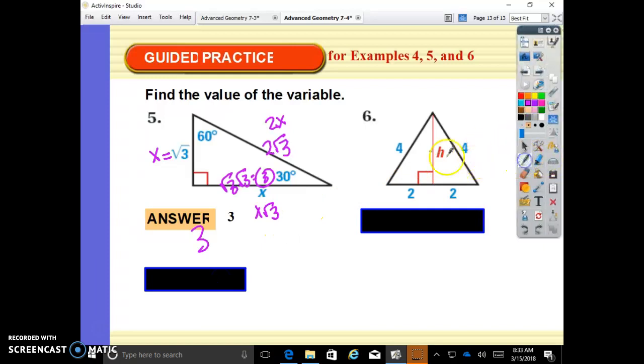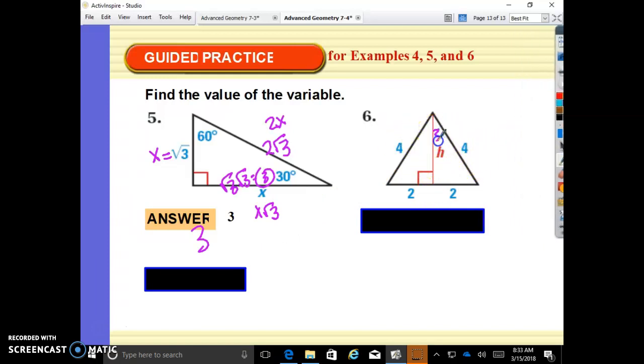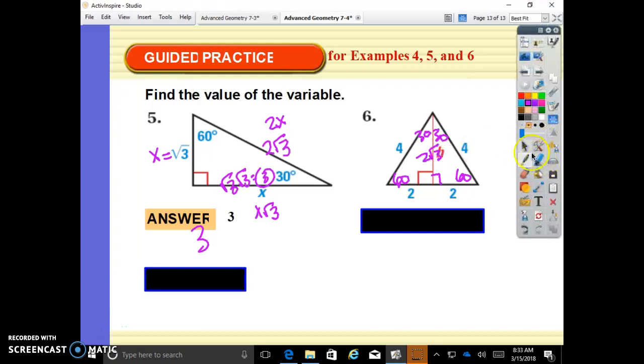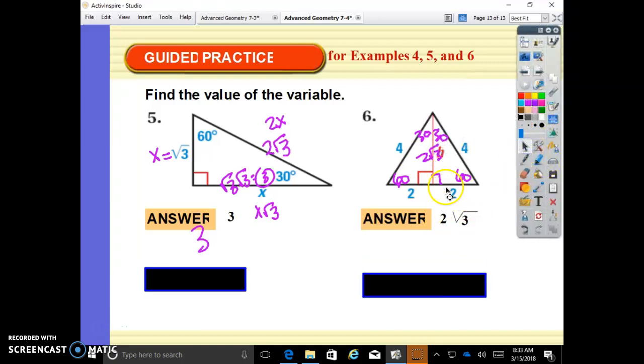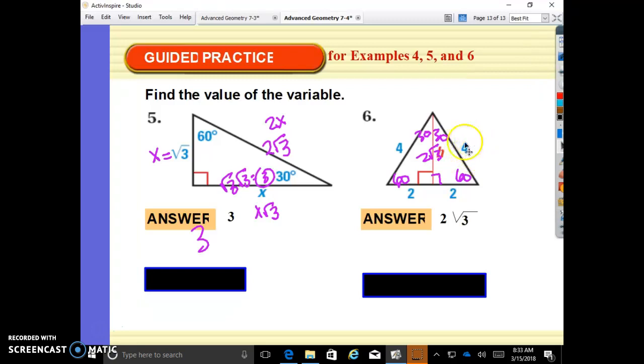Over here, this is 4, 4, 4. It's an equilateral triangle. So this is a 30, 60, 90 triangle because equilateral triangles have all angles of 60 degrees. So x, 2x, x rad 3. X is 2, 2x is 4, x rad 3 is 2 rad 3.